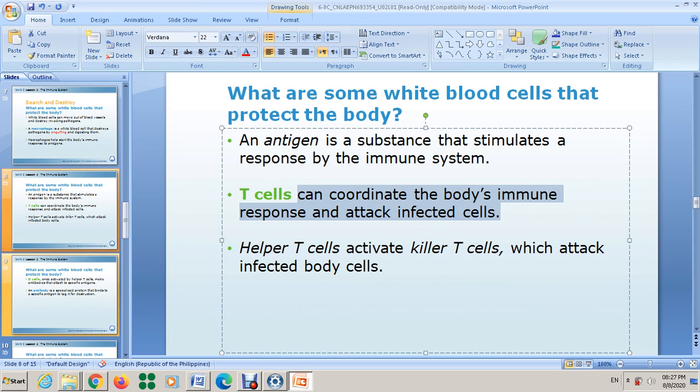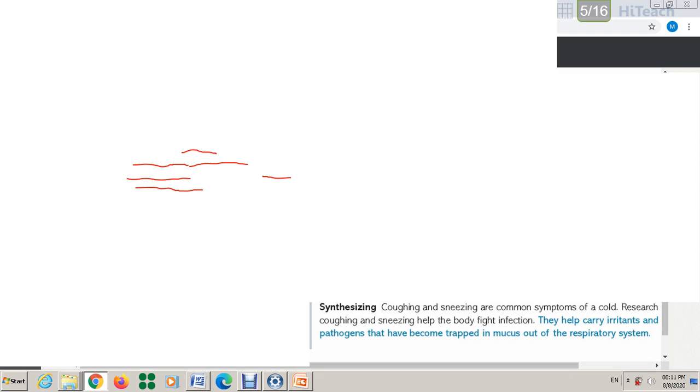Copy this question. The answer: they help carry irritants and pathogens that have become trapped in mucus out of the respiratory system. This one is very important.